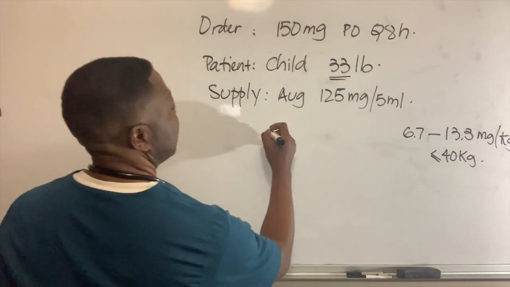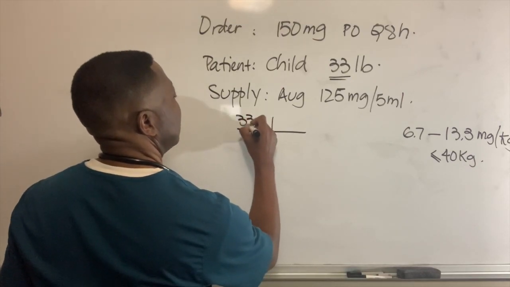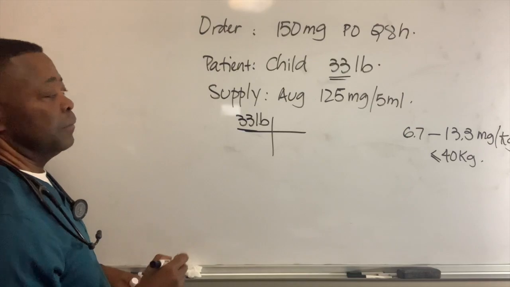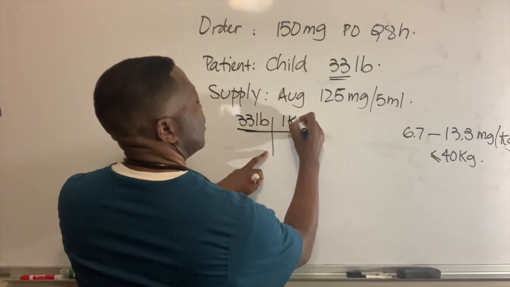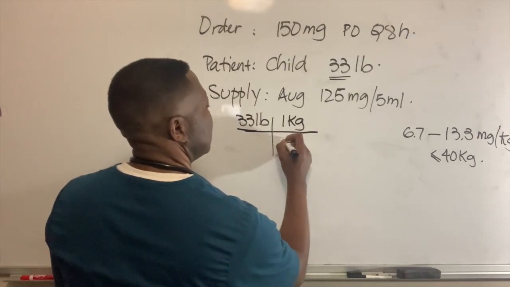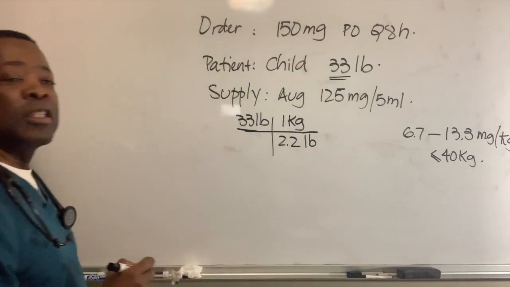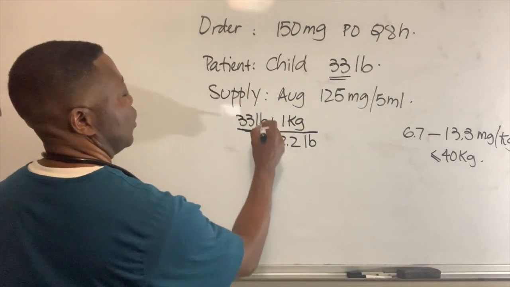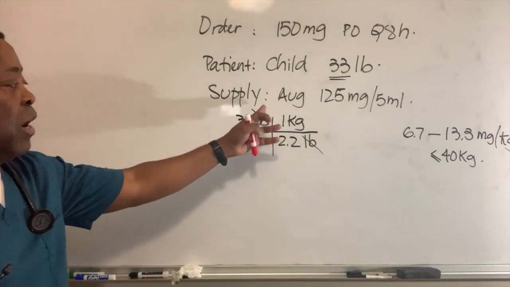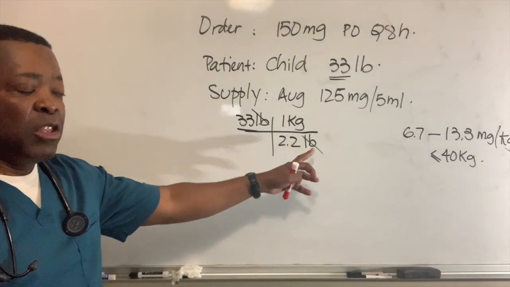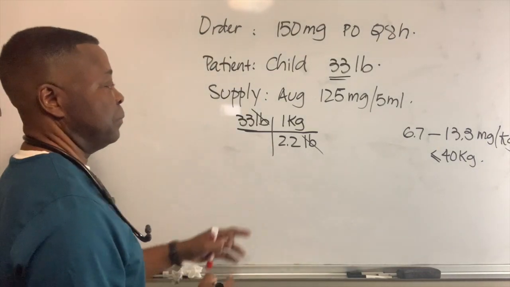The child weighs 33 pounds, and we have 1 kilogram for 2.2 pounds. So pound on top and at the bottom cancels out.